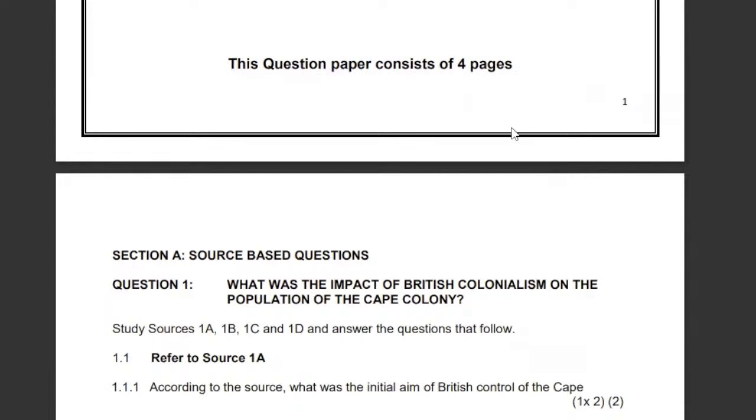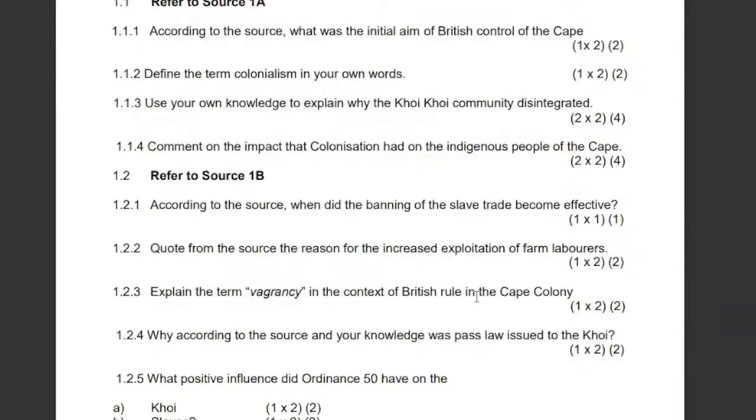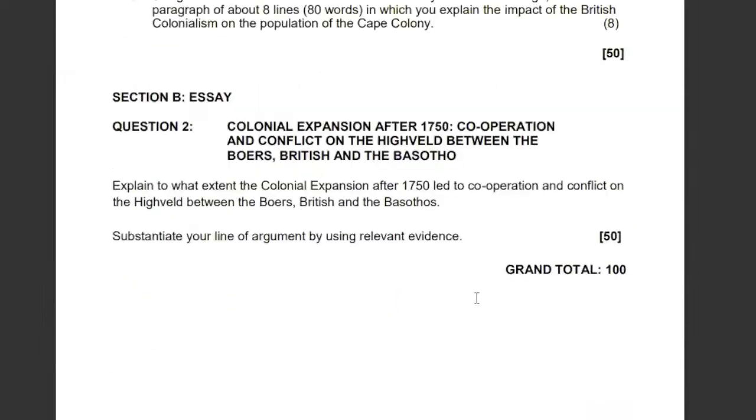Then for the essay question, we are going to focus on cooperation and conflict in the Highveld, where we look at the Boers, the British, and the Basotho, how they cooperated and how they were engaged in some conflicts. That's the essay focus.